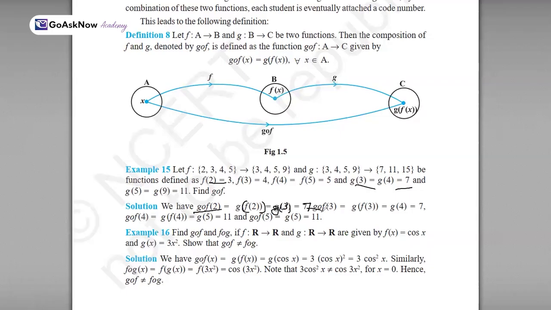Similarly, you can find all the other terms also. gof(4) is equal to g(f(4)), that is equal to g(5) equal to 11, and gof(5) is equal to g(5), that is equal to 11. Yes, so this is simple. You can do all other examples yourself, how to find gof or fog.